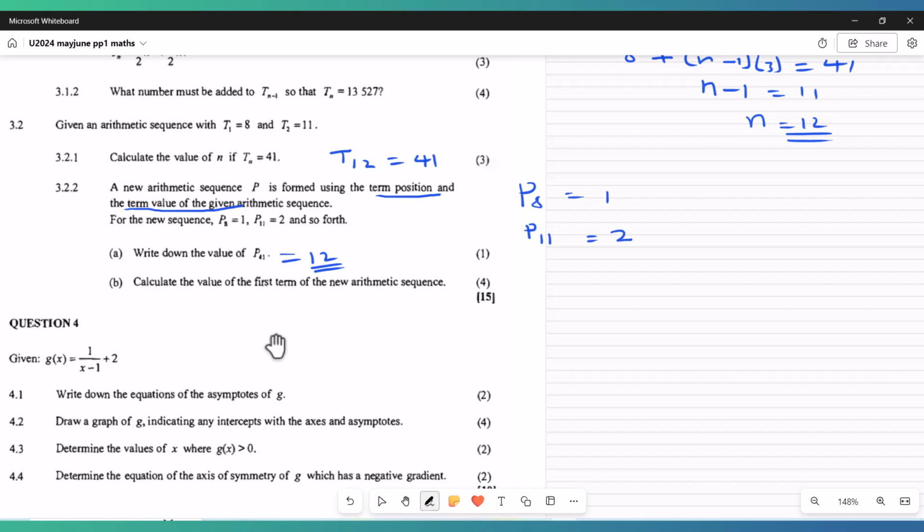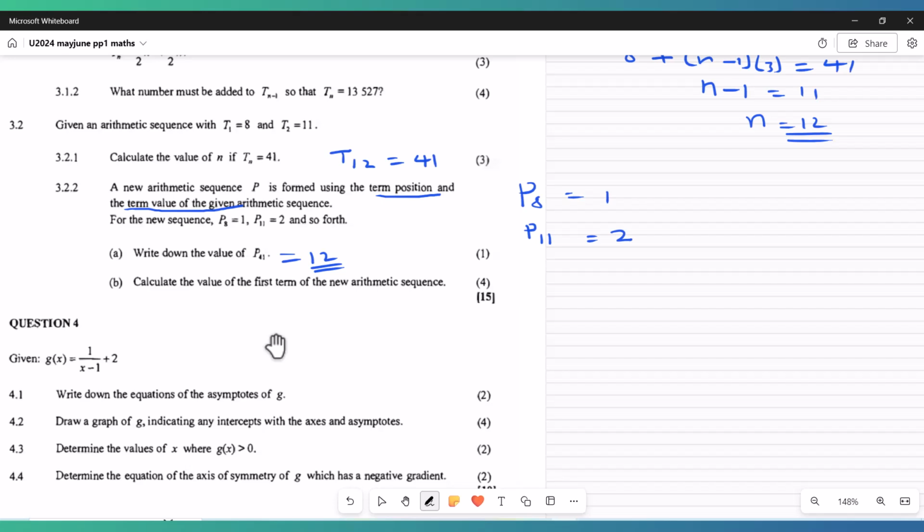So to get our first term of the new arithmetic sequence, in this case, what do we do? We know P8 is 1, P11 is 2. So you just have to solve them simultaneously.